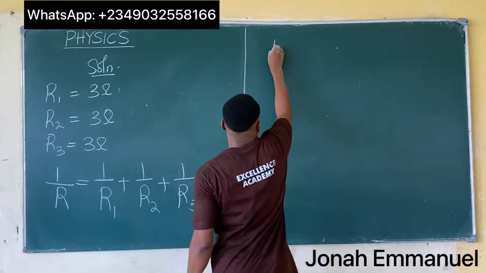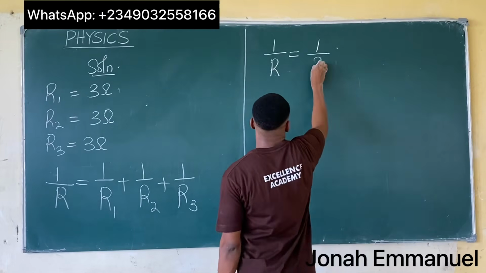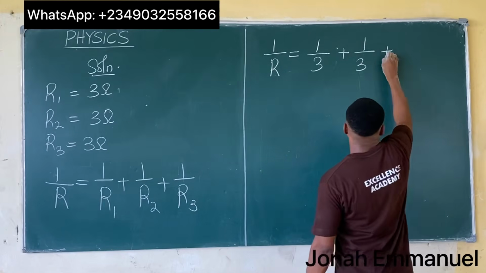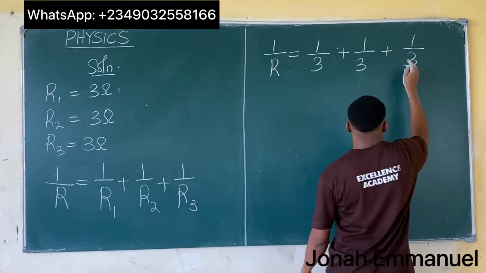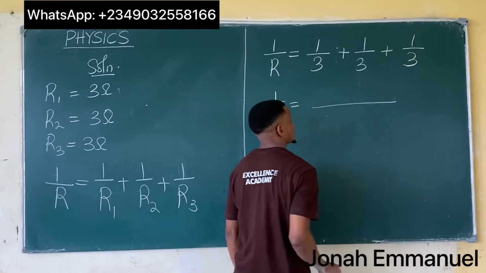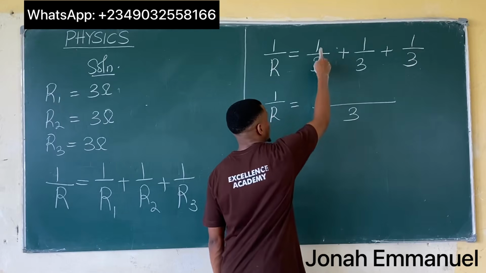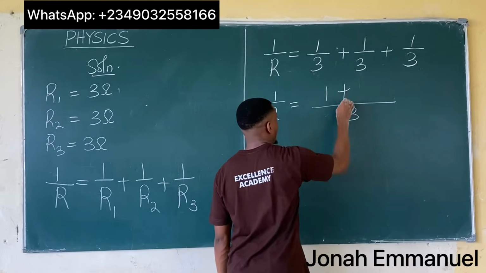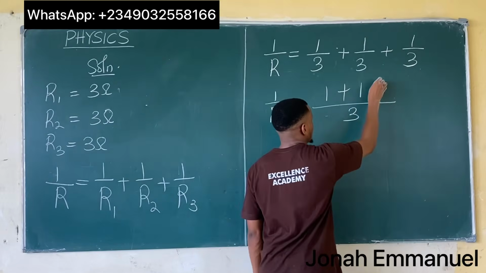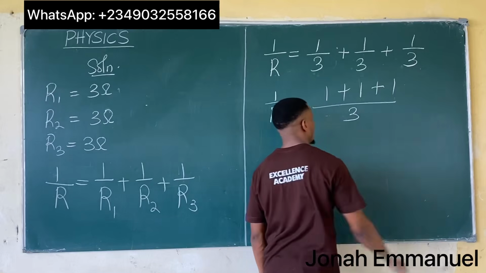So I have that 1 over R is equal to 1 over R1 which is 3, plus 1 over R2 which is 3, plus 1 over R3 which is 3. So 1 over R is equal to, the LCM of 3 is 3. 3 over 3 is 1 times 1, plus 3 divided by 3 is 1 times 1, plus 3 divided by 3 is 1 times 1.